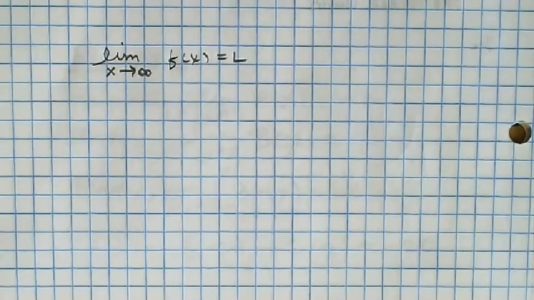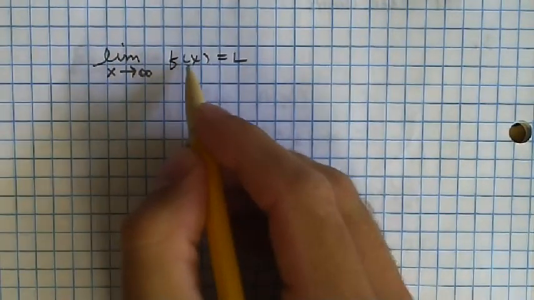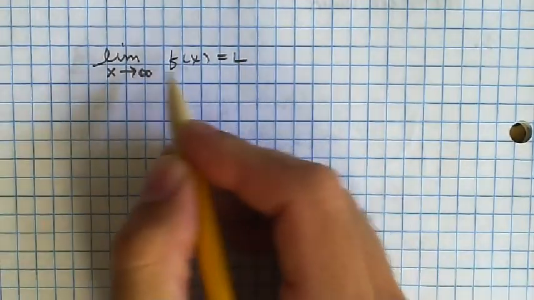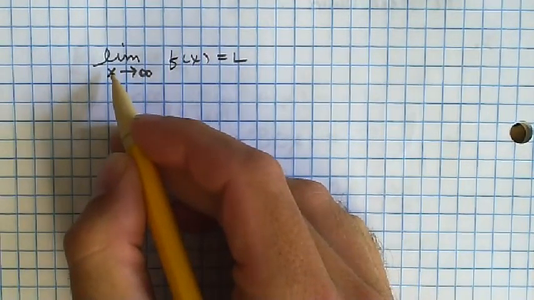I'm going to start with the statement that the limit as x approaches infinity of f of x is equal to L, that there is some limit of the function as x goes to infinity. What this means is that for bigger and bigger values of x, past some point, the bigger I make x, the closer I get to L. Or, the actual definition of the limit as x goes to infinity is that I can make my f of x values as close to L as I like by choosing sufficiently large values of x.